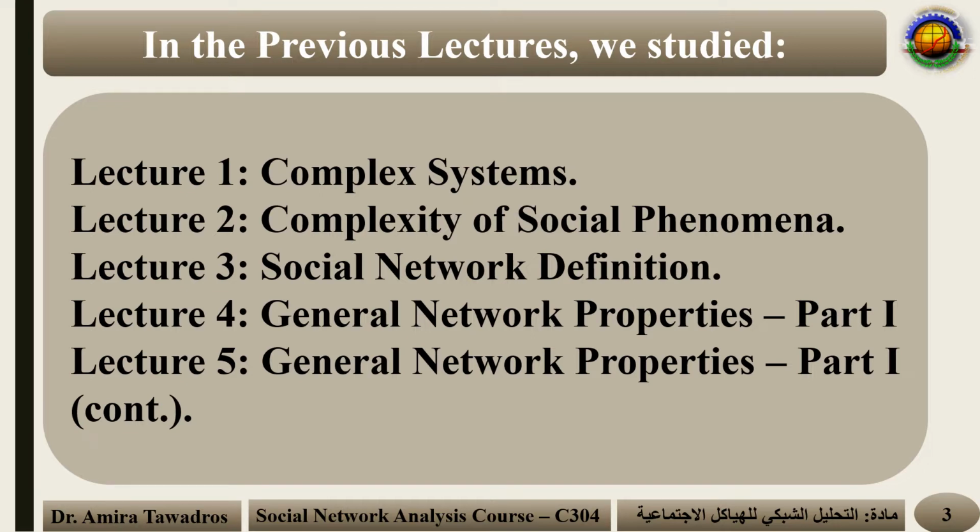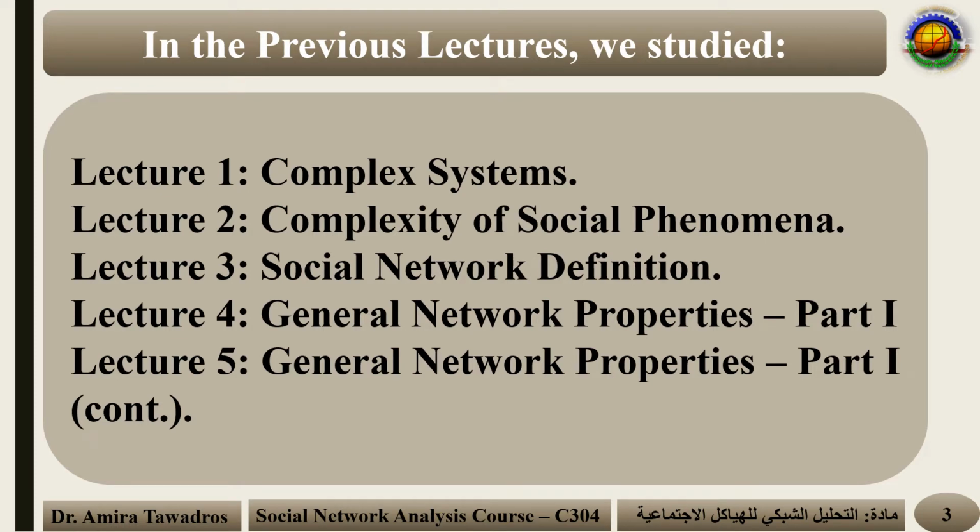Many people and many organizations and many institutions, each has its own properties and its own attributes and its own way of communication. All these components are interrelated together. There are relationships or rules governing their attitude and their actions and their relationships.